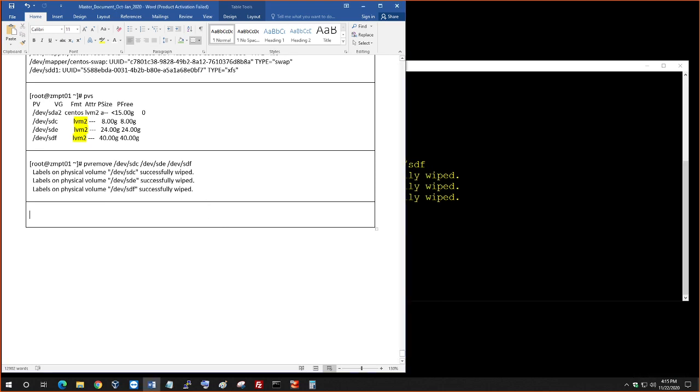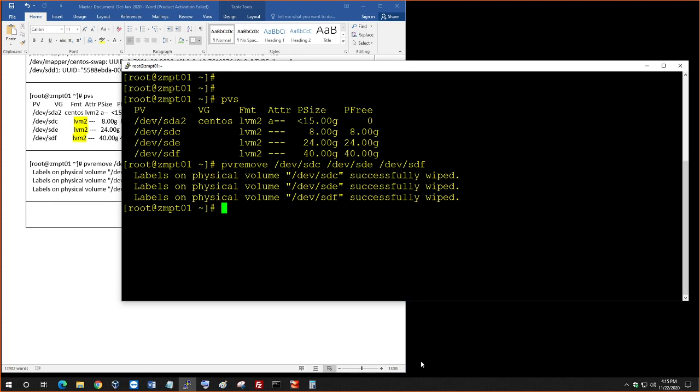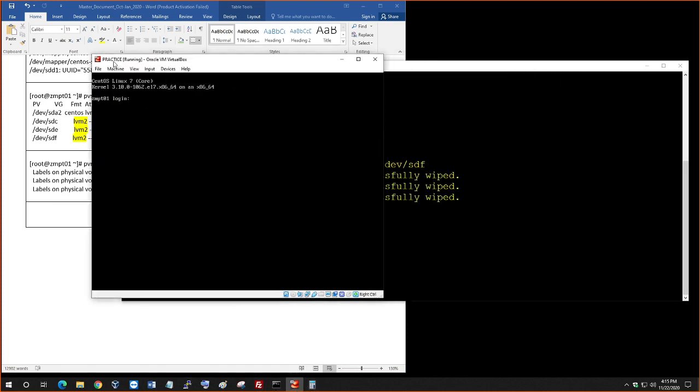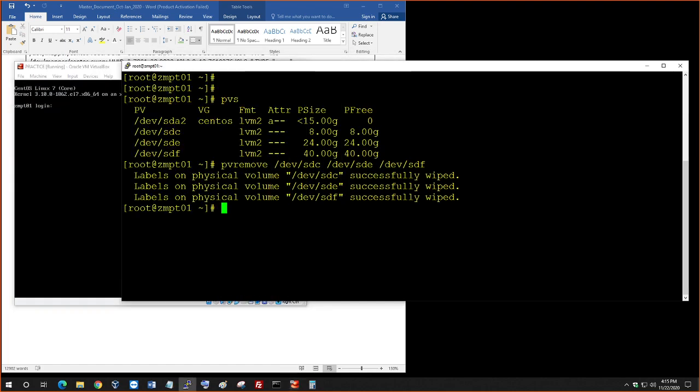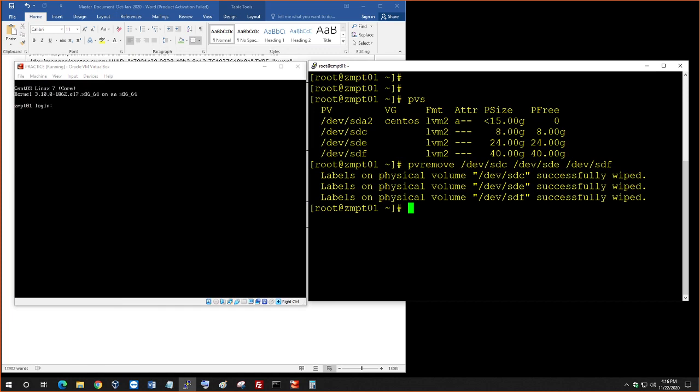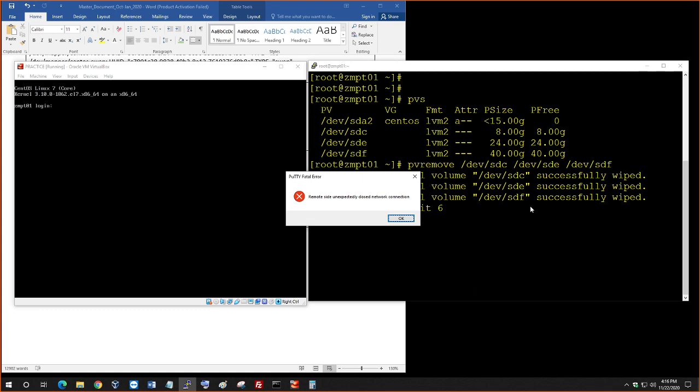All right, so now what will happen if I reboot the system at this moment? It will go into emergency mode, but I'm not going to tell you now why it's going to go into emergency mode. So let's go ahead and restart the system.